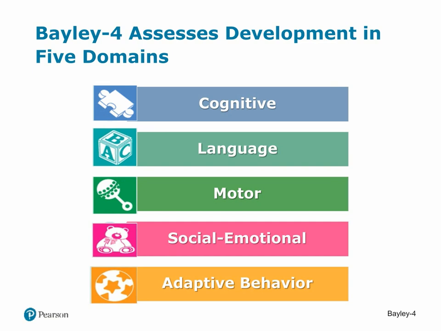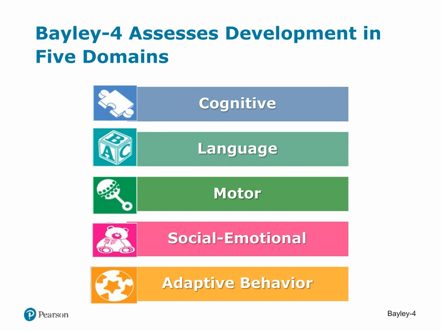The language domain assesses receptive and expressive language, including preverbal communication, vocabulary development, including morphological development, and joint referencing and turn-taking. The motor domain assesses fine motor skills, including reaching, grasping, and perceptual motor integration, as well as gross motor skills, including crawling, walking, running, jumping, and walking up and down stairs.